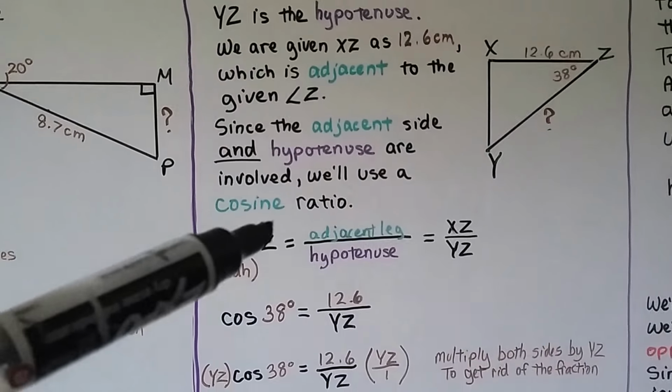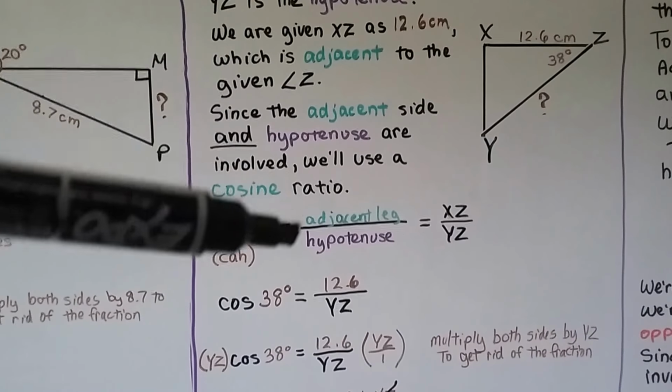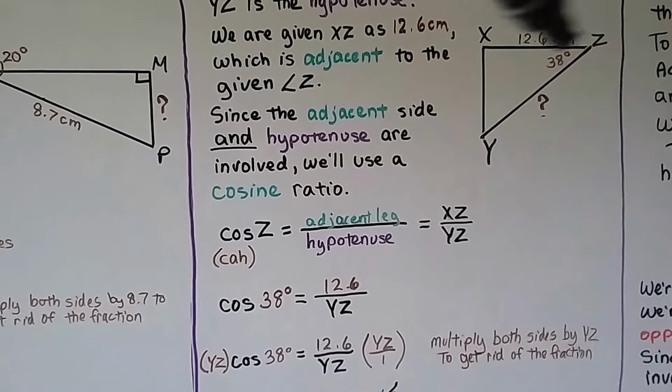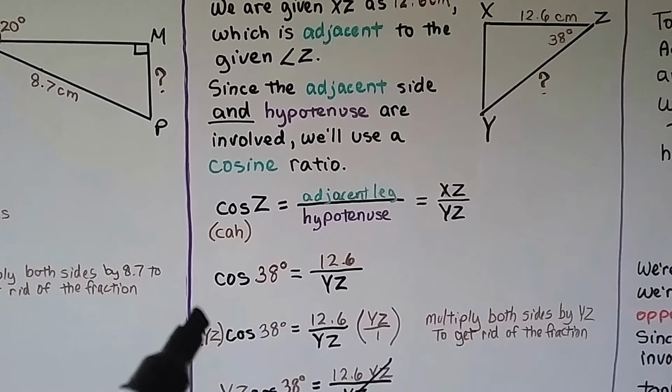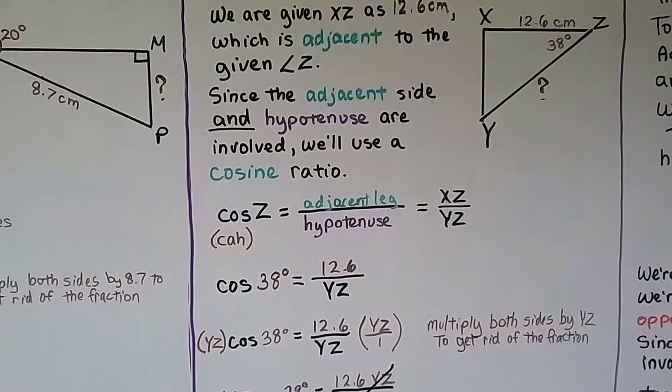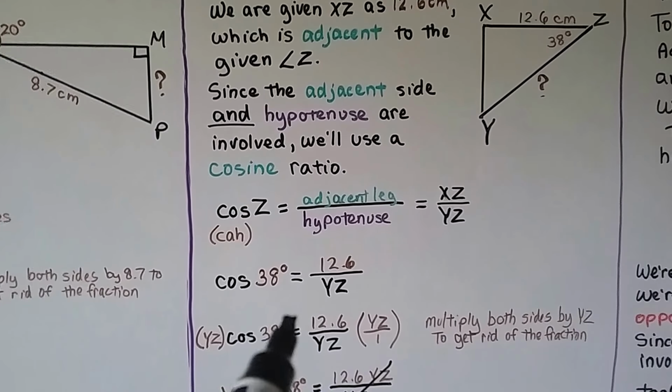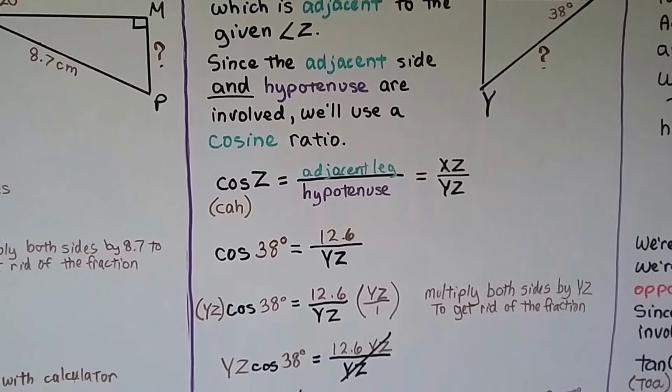So the cosine of Z would be the adjacent leg over the hypotenuse. It would be XZ over YZ. So substituting in the numbers, we have the cosine of 38 degrees, that's Z, is equal to 12.6 over YZ.